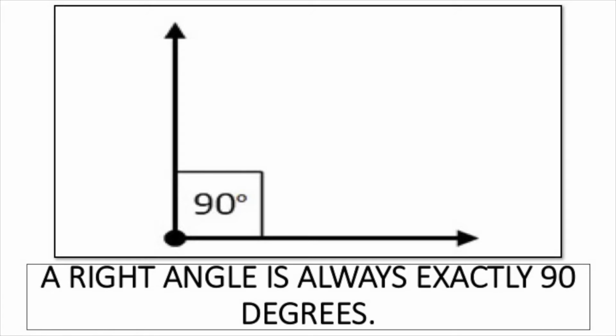A right angle is always exactly 90 degrees. Not 89, not 91. Has to be 90 degrees. 2 straight lines meeting like that, horizontally and vertically.